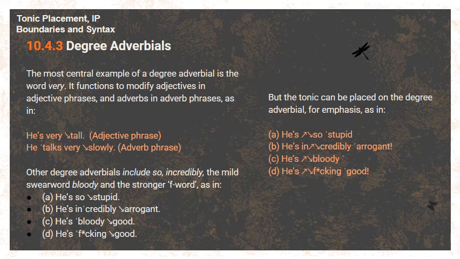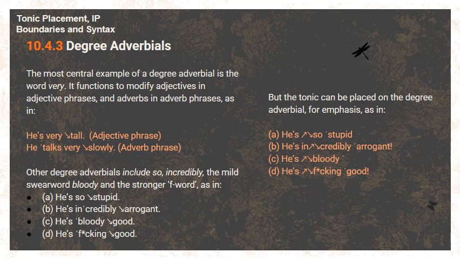Degree adverbials. The most central example of a degree adverbial is the word very. It functions to modify adjectives in adjective phrases and adverbs in adverb phrases, as in he is very tall. He talks very slowly.